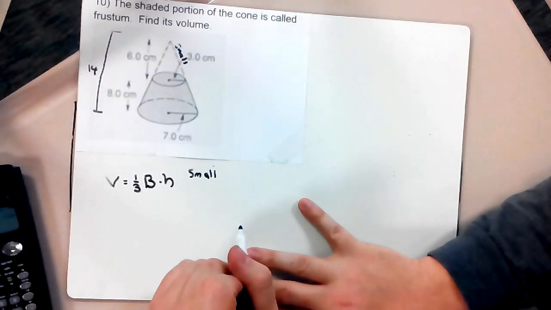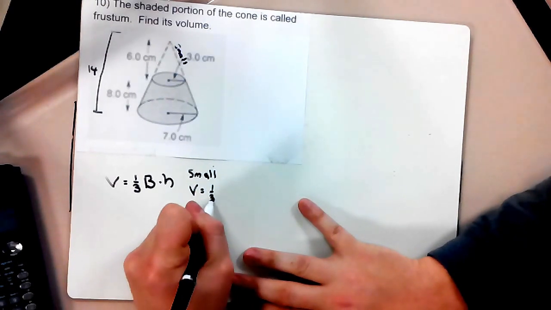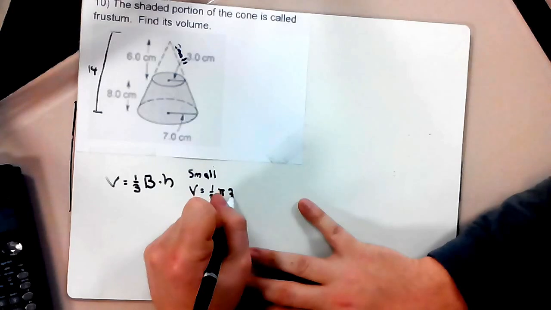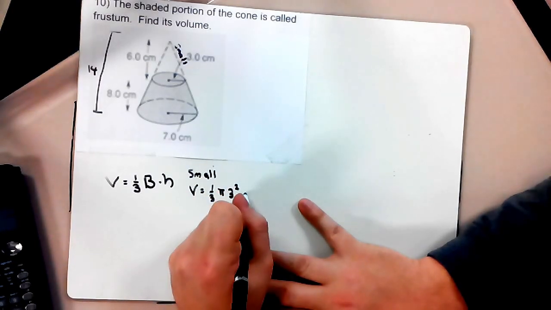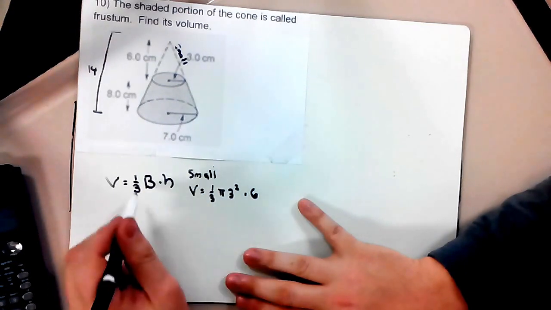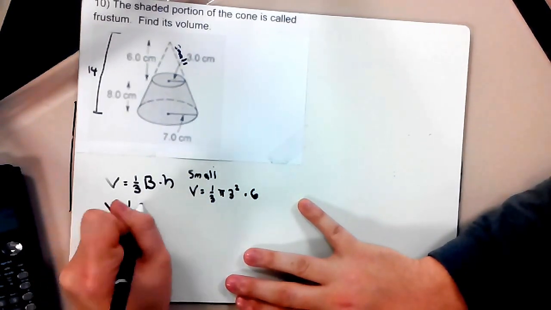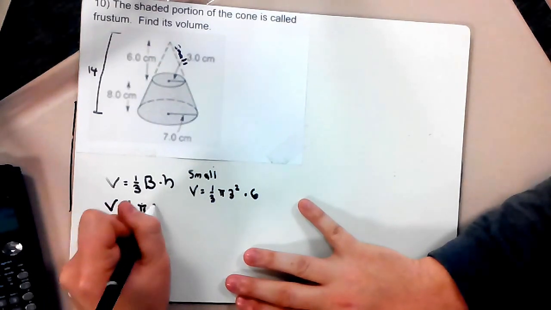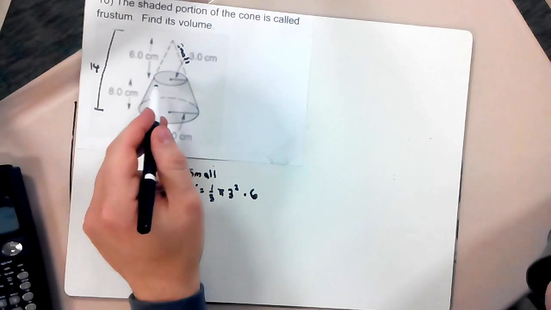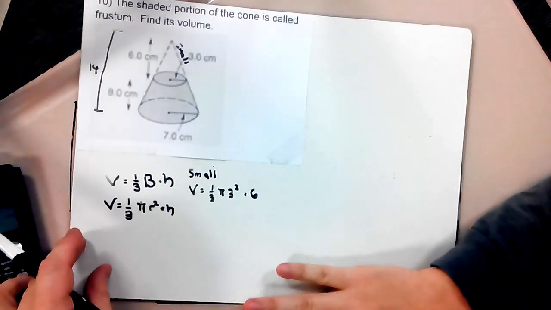This is small. So this is V equals 1/3 pi 3 squared times 6. I punched in pi r squared into here because these are both cones. So I'm going to be using pi r squared times h. Pi r squared is the area of a circle, and the base of the cone is a circle.